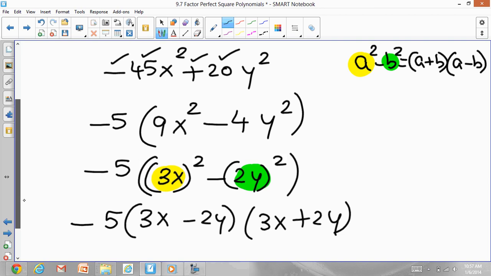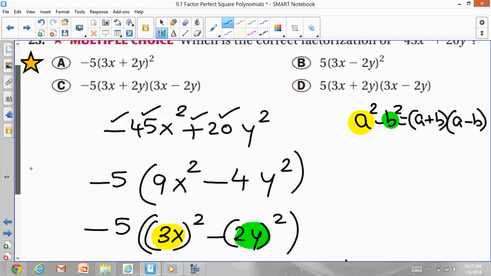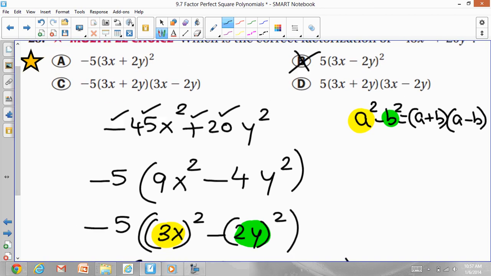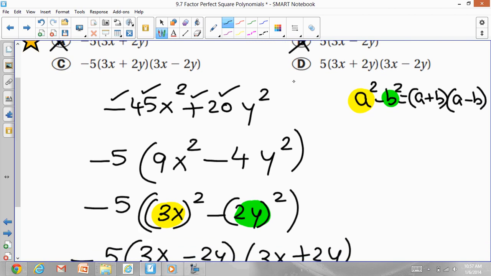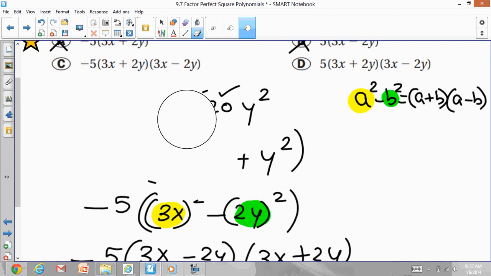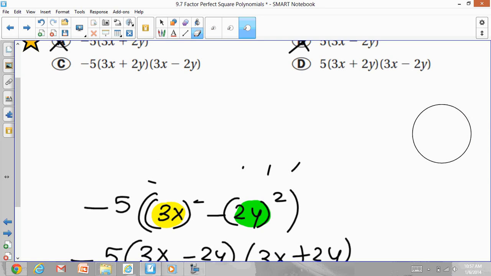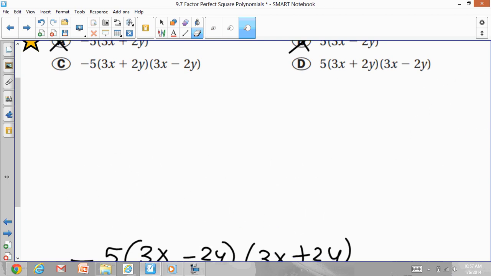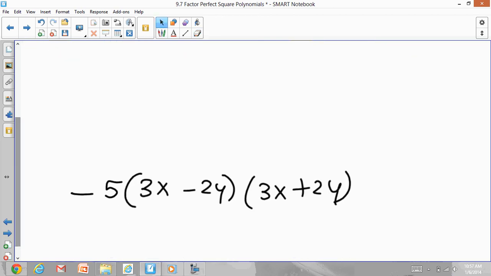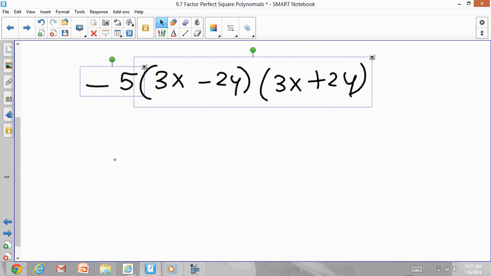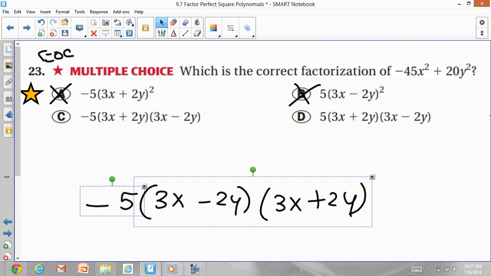So once I recognize this, I'm going to go back to the answer choices. So this rules out, and in this case, I'm choosing between C and D. If I erase everything, now what's the answer?